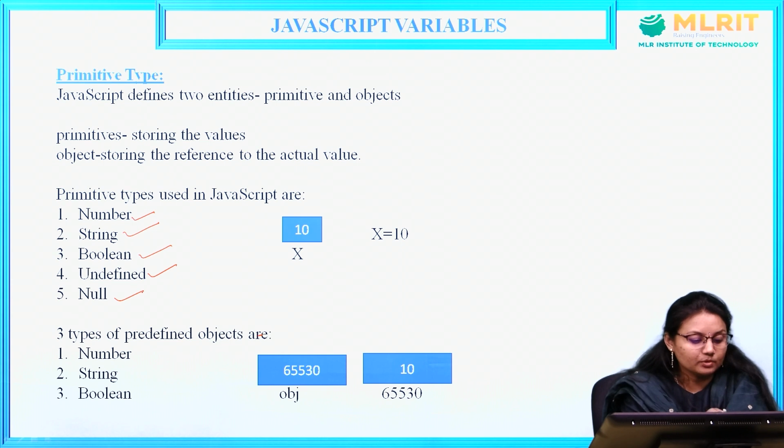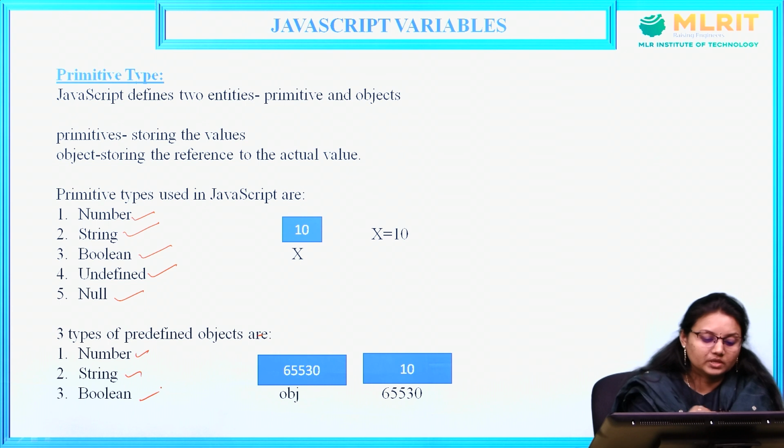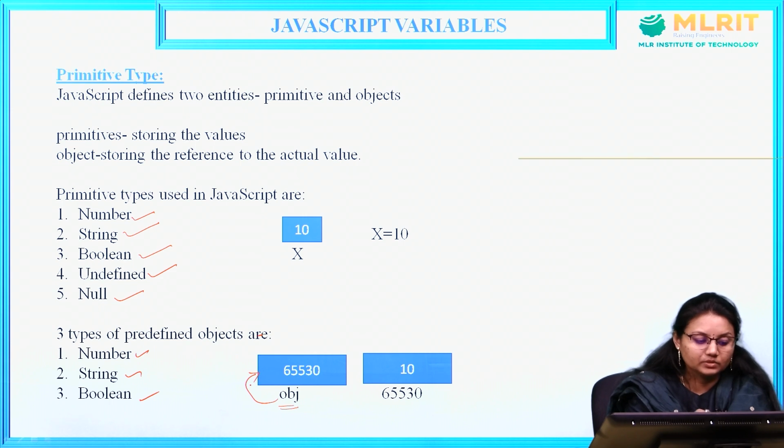Then there are three types of predefined objects: number, string, object. Here you have an object which is referring to some value. In the memory location, the value stored is 10.